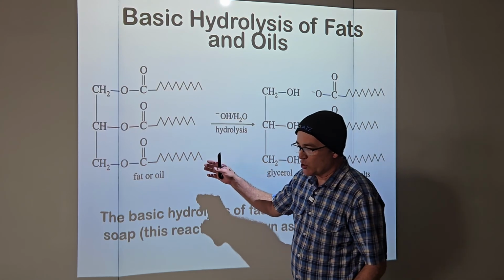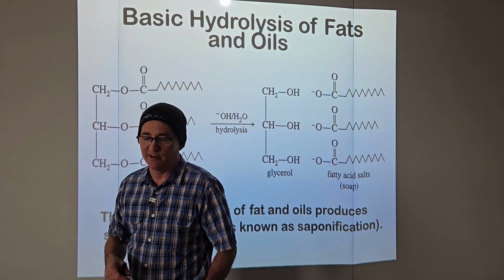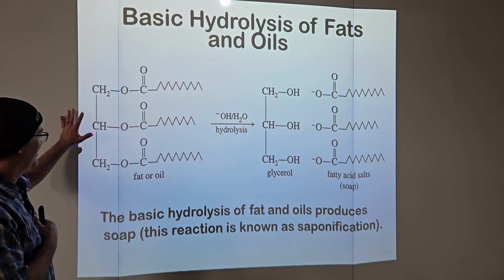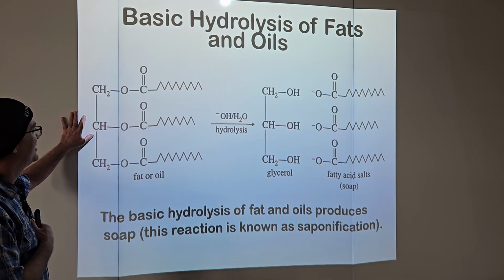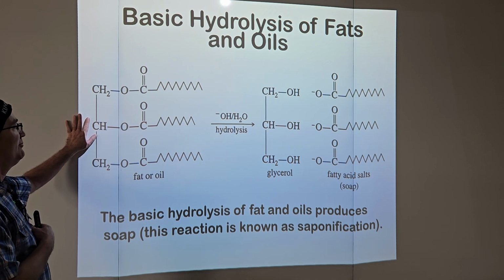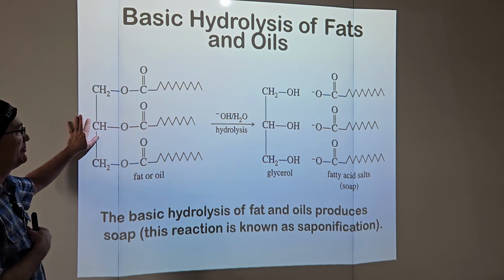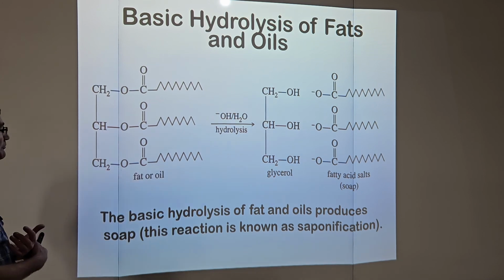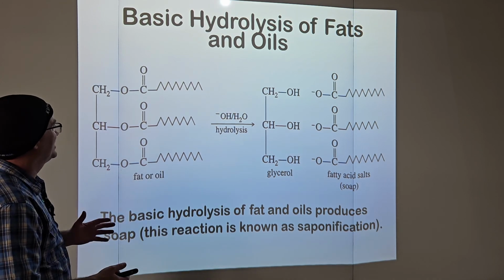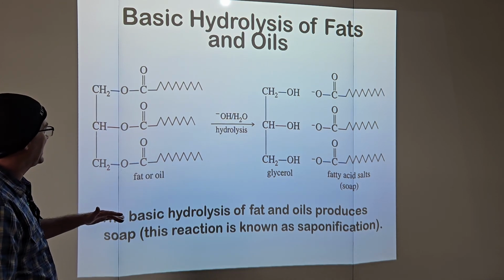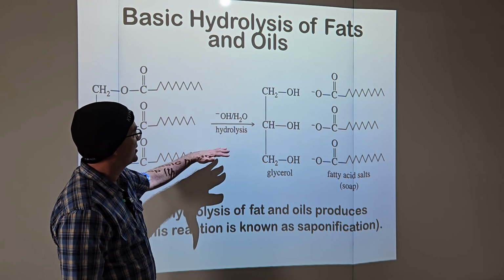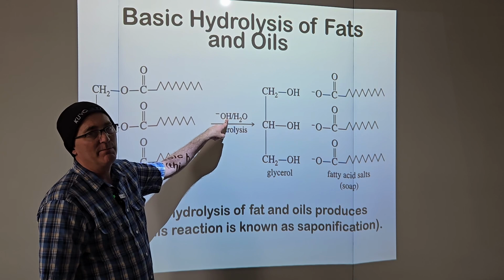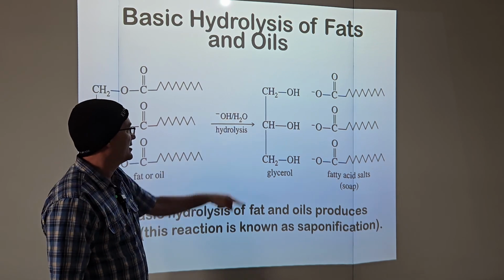Here's our triglyceride. This is why you don't want to eat a bunch of bacon and die of a coronary heart attack. But if you didn't have a big box store to go to when you came across the prairie, you would keep all your frying pan drippings. Every time you cooked anything, you'd save the fat. Then you would save ashes from your campfire and make lye, which is a mixture of sodium hydroxide and potassium hydroxide.